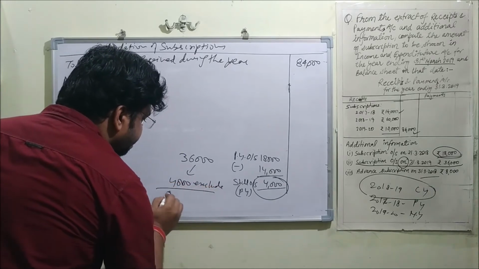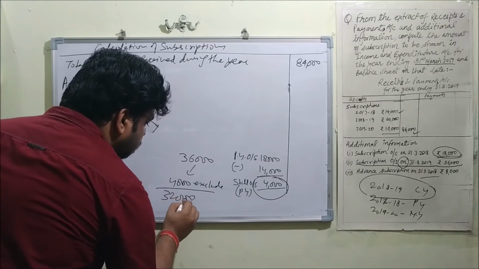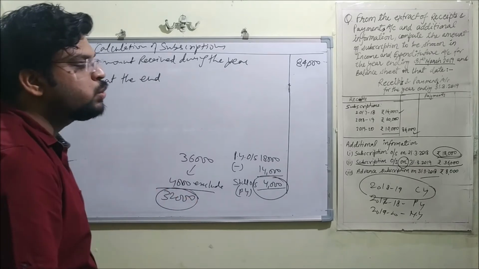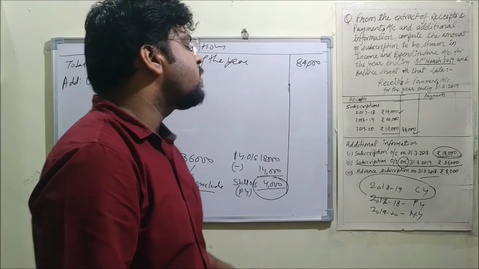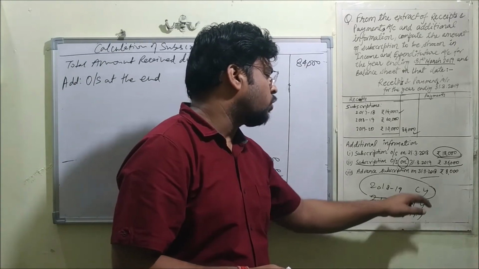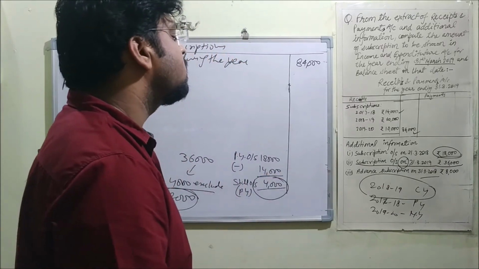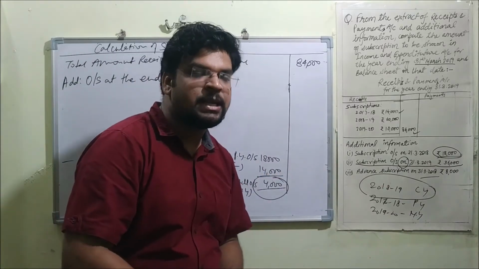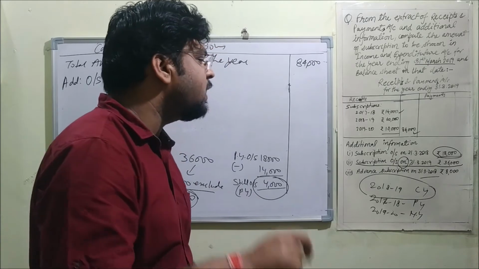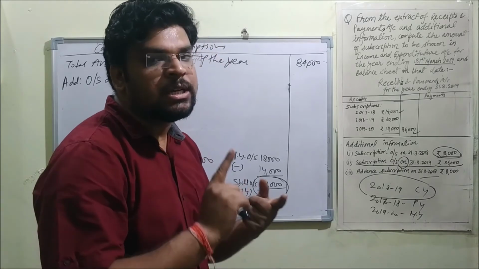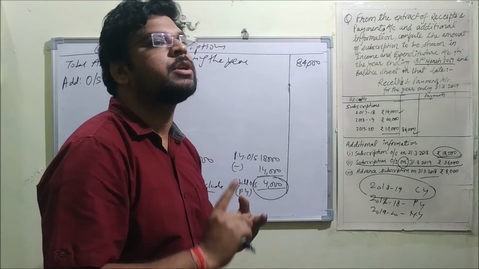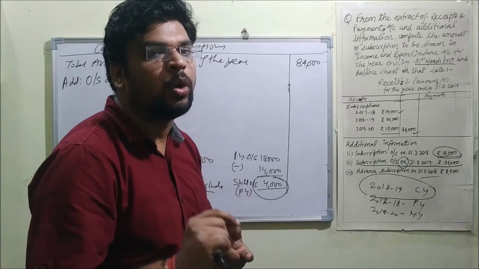Now we'll have to exclude this 4,000 from this. Why? Why we'll have to exclude? Because we are preparing income and expenditure account for current year, that is 2018-19, and income and expenditure account is prepared on accrual basis, and accrual basis says that it has to include only received and receivable related to current year only.